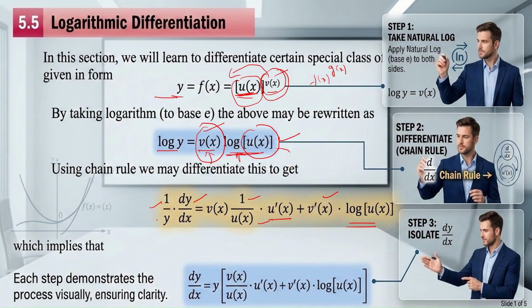Then I send this y to the other side. dy by dx is equal to y into (v of x by u of x, then u dash of x, plus v dash of x into log of u of x). Okay, this is the way we differentiate by applying the logarithm.